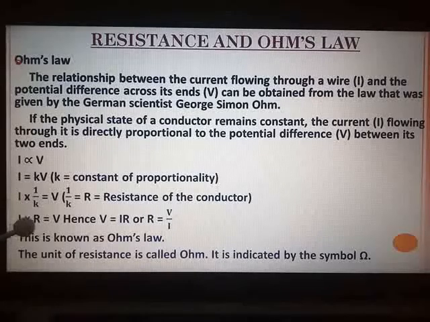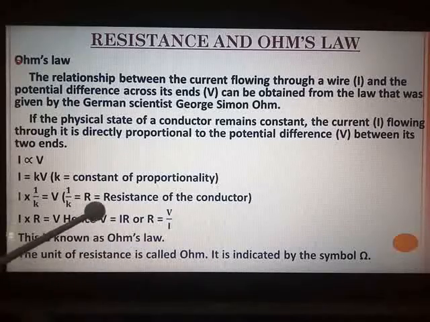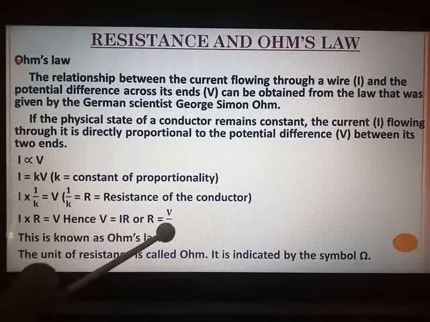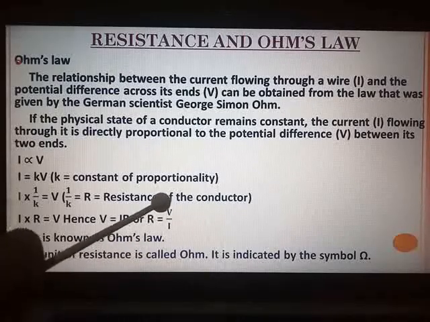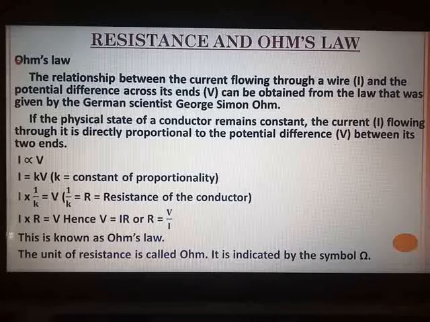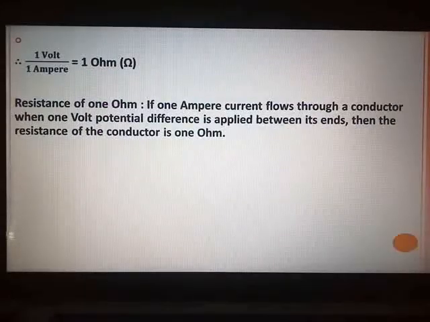So remember this ahead for sums. V is equal to IR, or R is equal to V upon I. Or if you want to get the value of I, then I is equal to V upon R. So this formula is important ahead. Before we speak about the resistance of the conductor, when you speak about 1 ohm, it is 1 volt potential difference upon 1 ampere current.